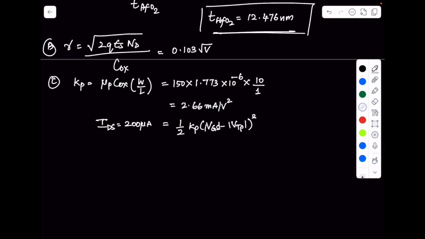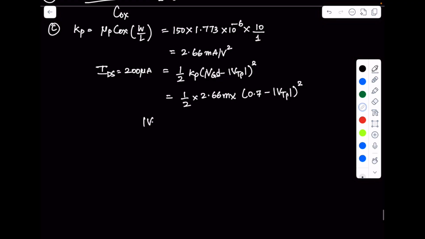Or this is half into 2.66 milli into (0.7 minus modulus of VTP) the whole square. In other words, this gives you your mod VTP should be 0.312 volts.